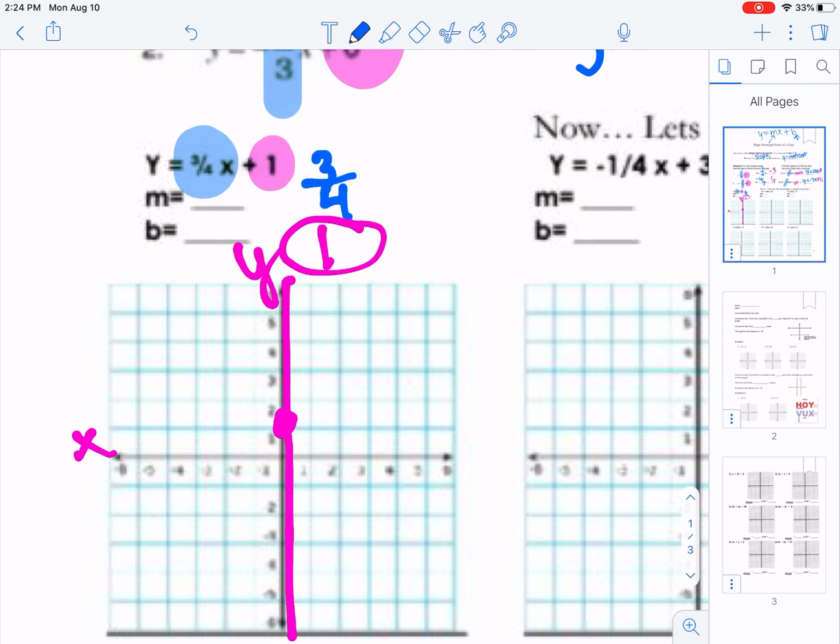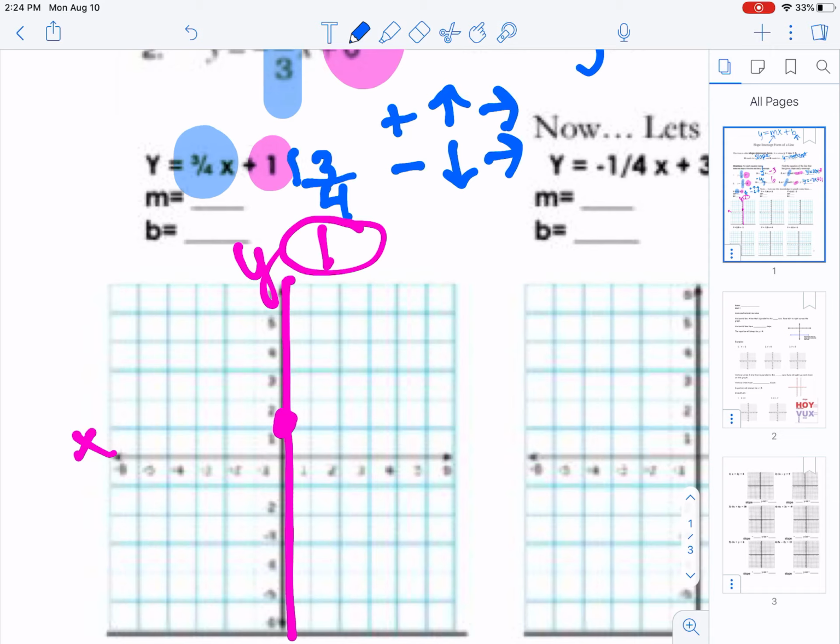I'm going to move according to my slope. So if I have a positive slope, I'm going to go up and right. If I have a negative slope, I'm going to go down and right. Okay, so I'm never ever going left. I'm just going up and right if it's positive or down and right if it's negative.